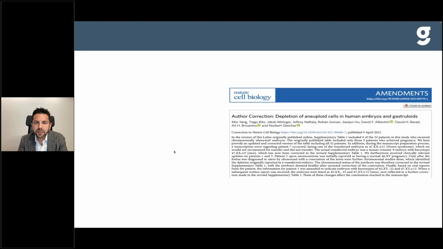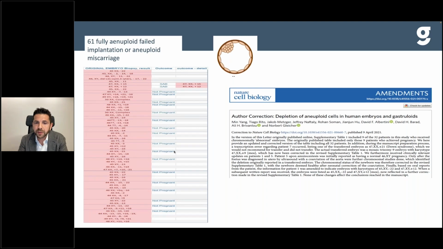Now we have another set of data where aneuploid embryos have been transferred. This was not a non-selection trial, but a collection of clinical experience from the group of Norbert Gleicher, who, as you know, is not the biggest fan of PGT-A.